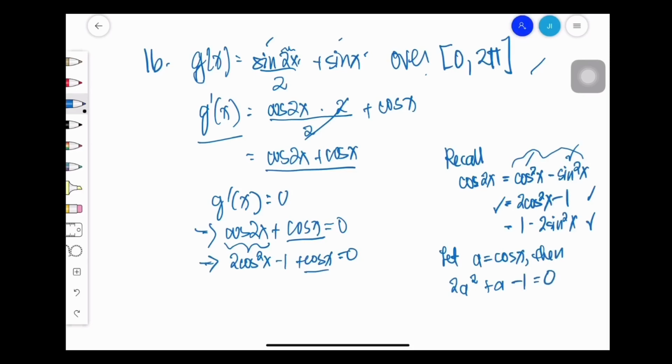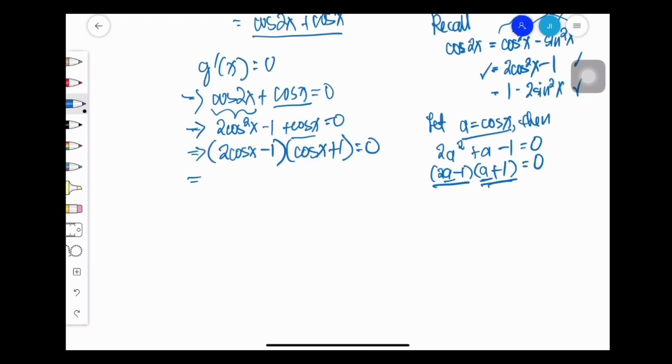And the left hand side is factorable. We have 2a minus 1 and a plus 1. Okay, so let's bring back the original variable: 2 cosine x minus 1 times cosine x plus 1 equals 0.